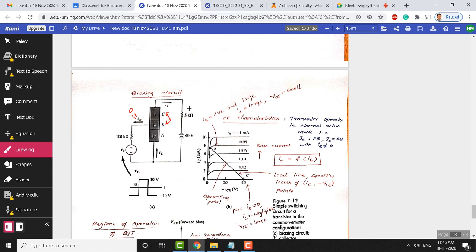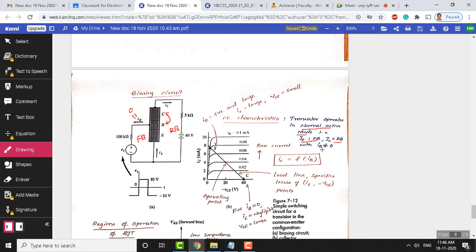Normal active means the input emitter base junction is forward biased, and the collector base junction is reverse biased.